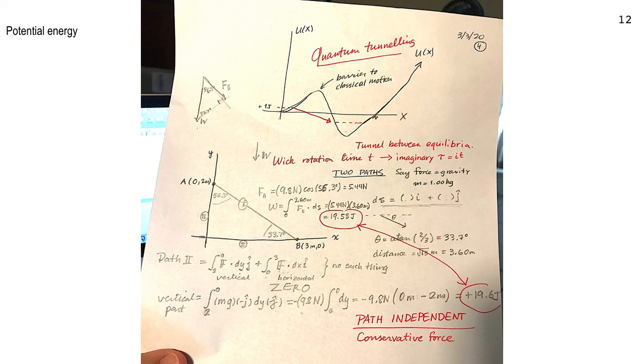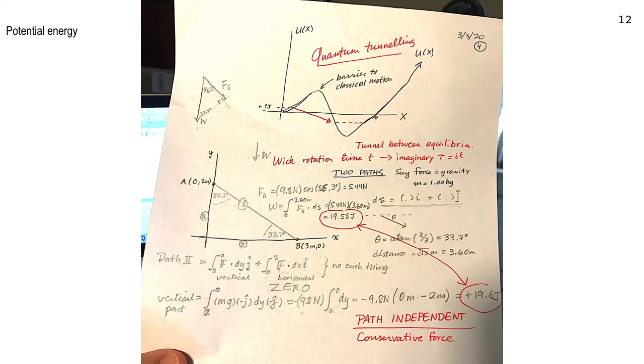All right. Now, this is m times g magnitude times minus j hat, times dy, and actually, you know what?